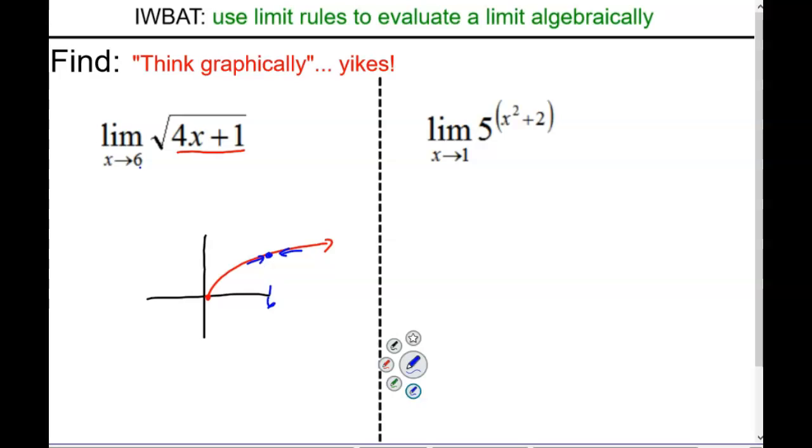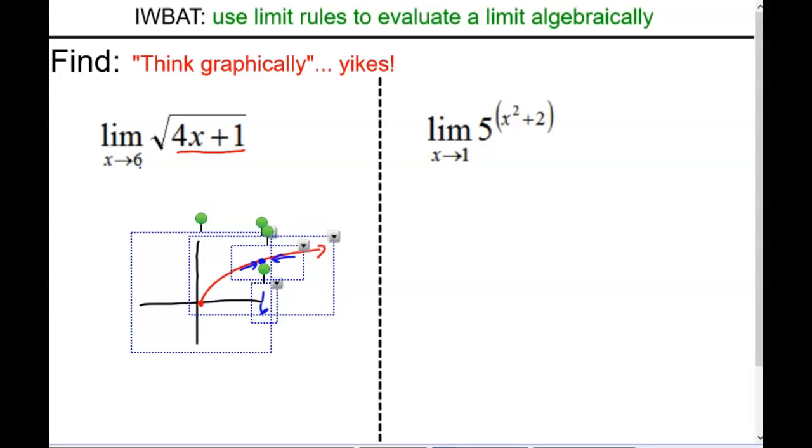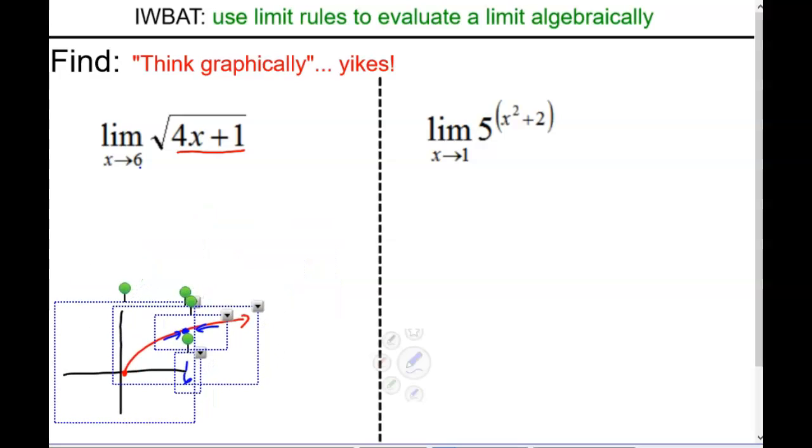So all that means is, you know what? I can just do direct substitution here. And that's what we're going to do. We're just going to plug in 6. Because we're confident in the fact that this is a continuous function, I know that just plugging 6 in and simplifying will give me my answer.